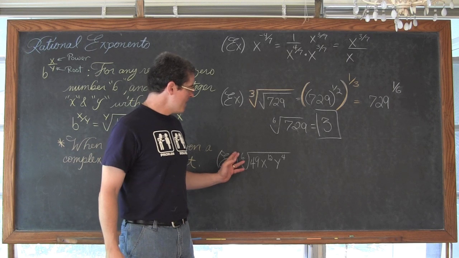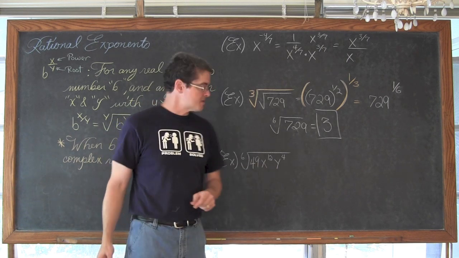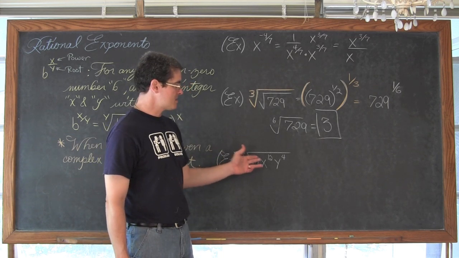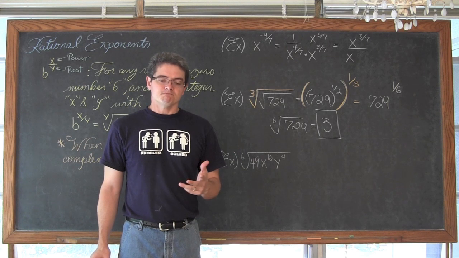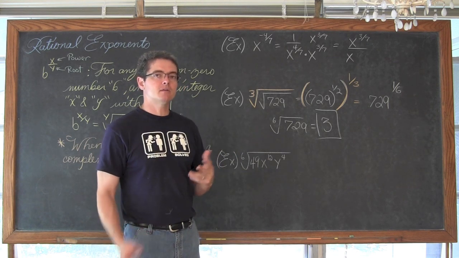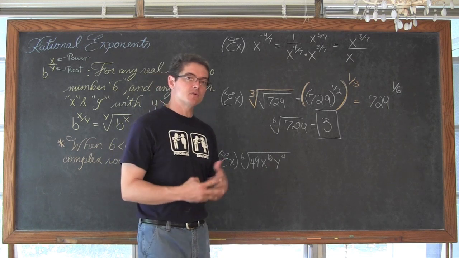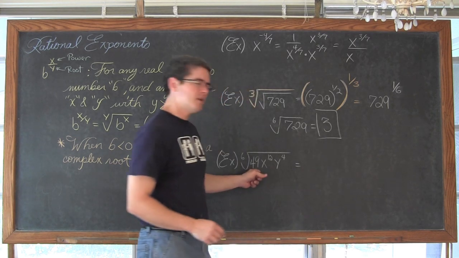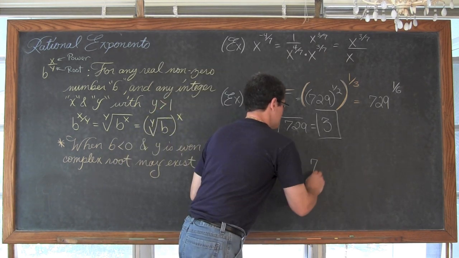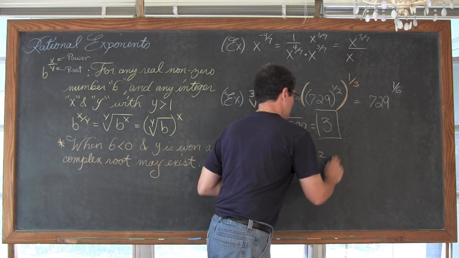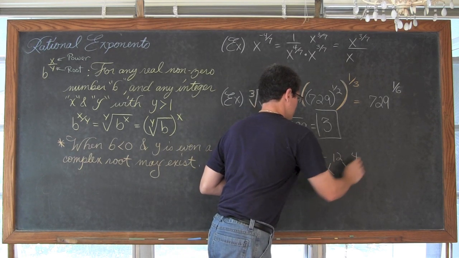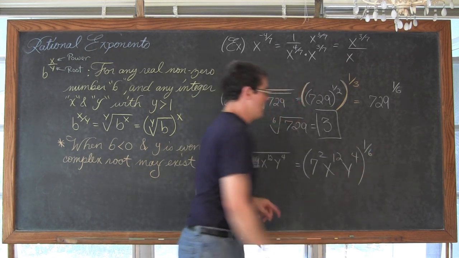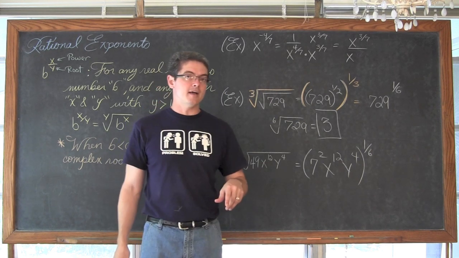Okay, here we have the 6th root of 49 times x to the 12th power times y to the 4th. Now, we talked about simplifying radicals, so there is another way of doing this problem, but again, working with it in the format of rational exponents, we can write this as 49, which is 7 squared, x to the 12th power, y to the 4th, and all of that is raised to the 1/6 power, because we have the 6th root of all of that.